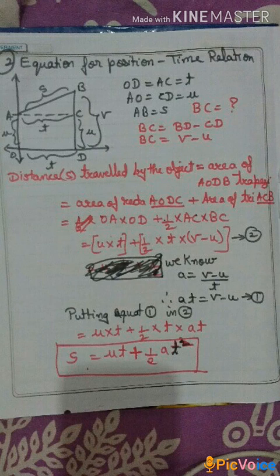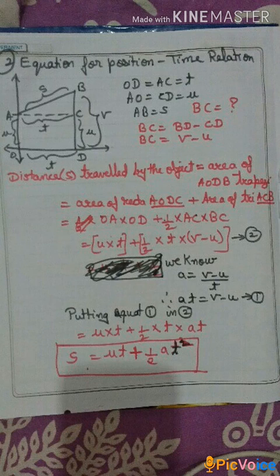Then the equation will be s = u into t plus half into t into (v − u). Just refer to the page while listening. I have given this as equation number 2.